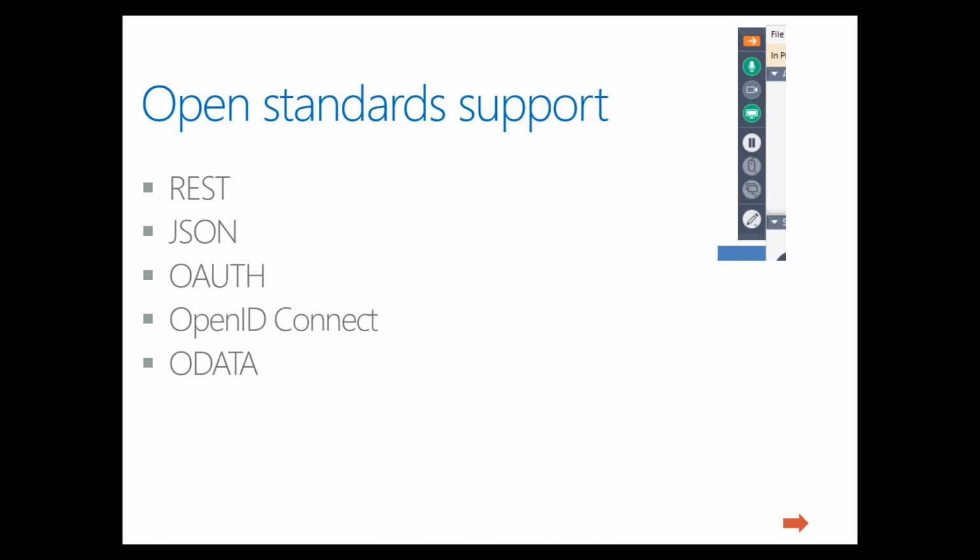The authentication is based on OAuth tokens and OpenID Connect, and how data is formatted is defined as per OData. Microsoft Graph API supports OData version 4.0.